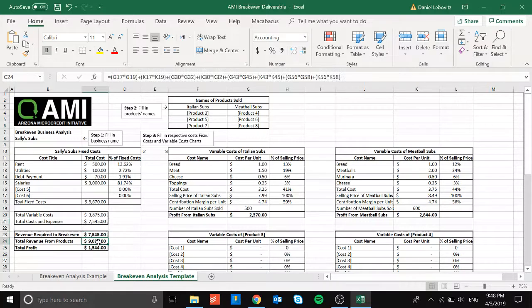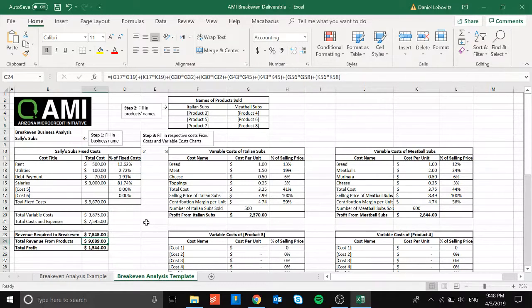So as we see, the total revenue that Sally is bringing in from selling her Italian subs, this many per month, which is 500, and selling her meatball subs 600 per month. That total is going to be $9,089.